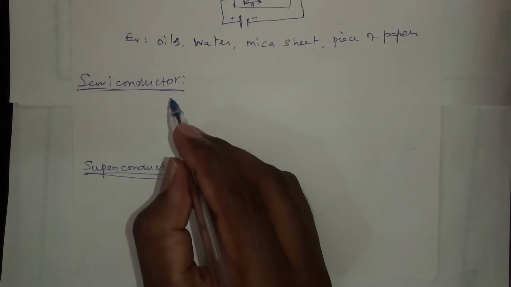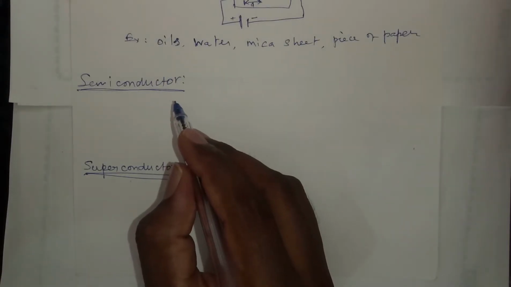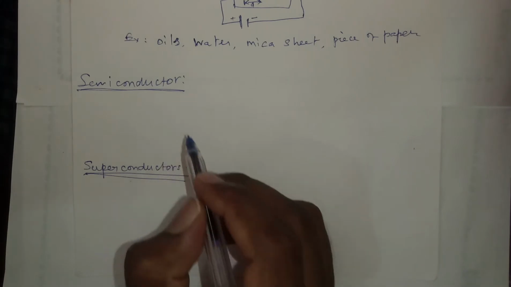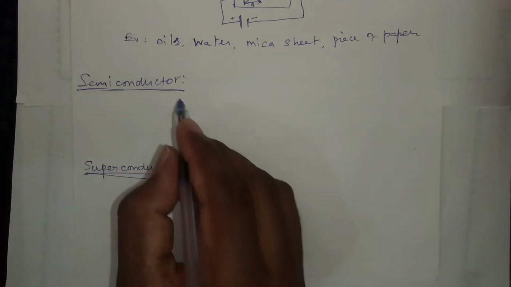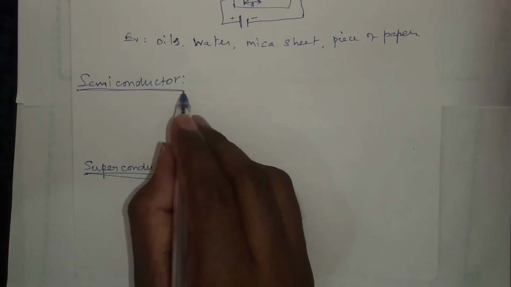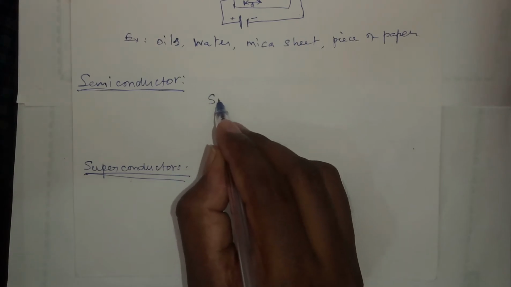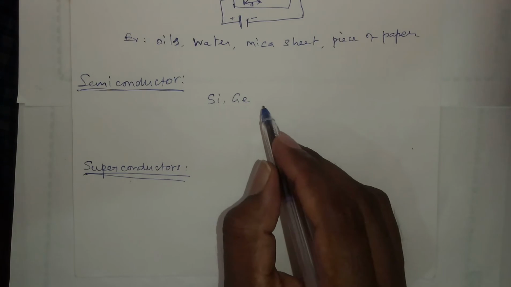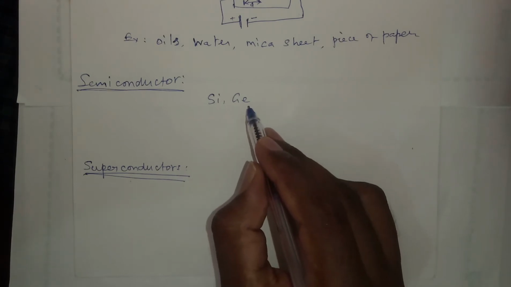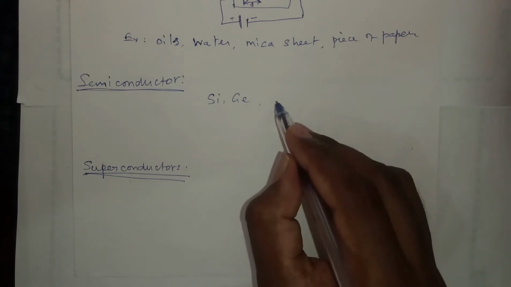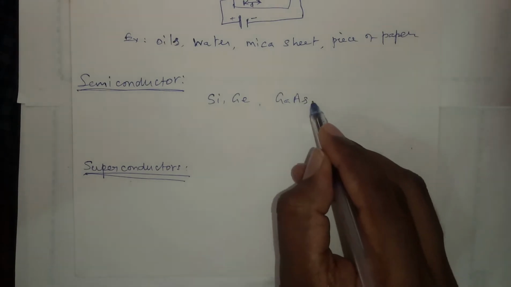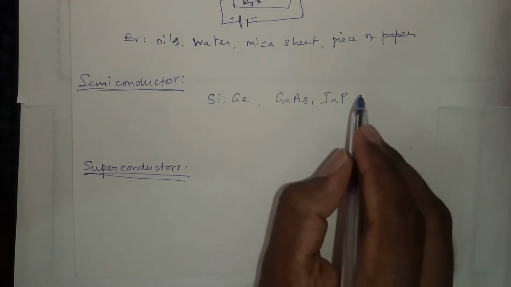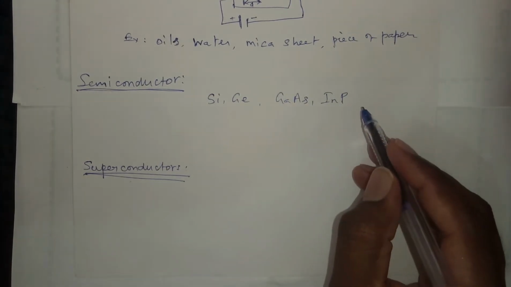The other types of materials based on electrical conductivity are semiconductors and superconductors. Semiconductors are simply silicon and germanium, the pure types of semiconductors, and compounds like gallium arsenide and indium phosphide also act as semiconductors.